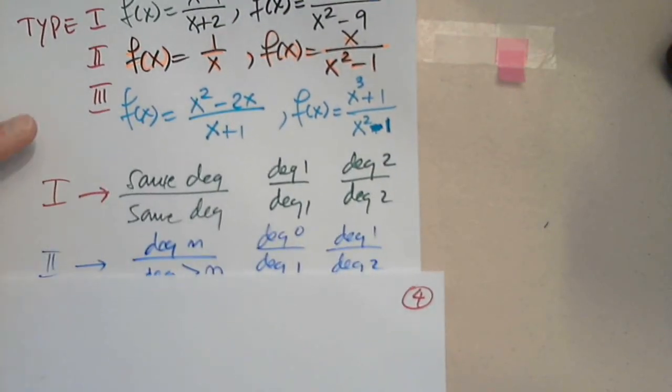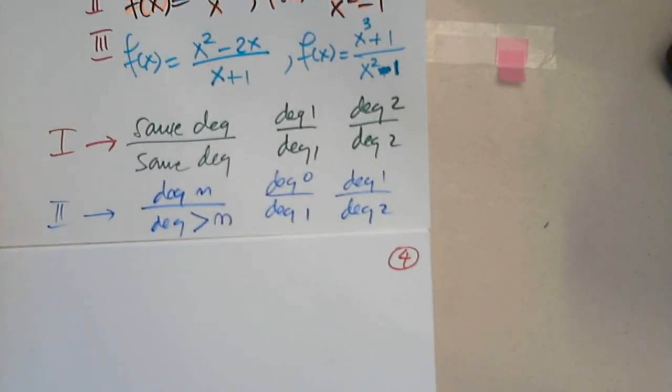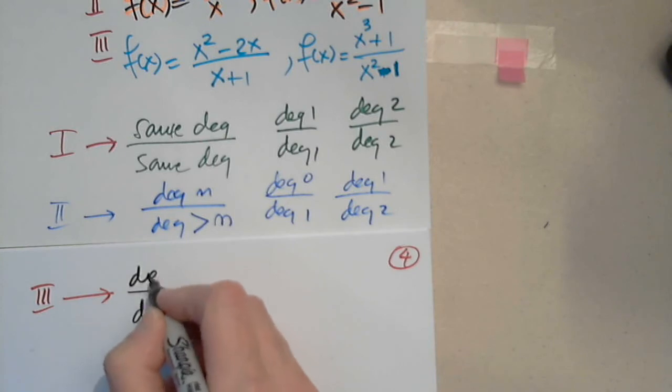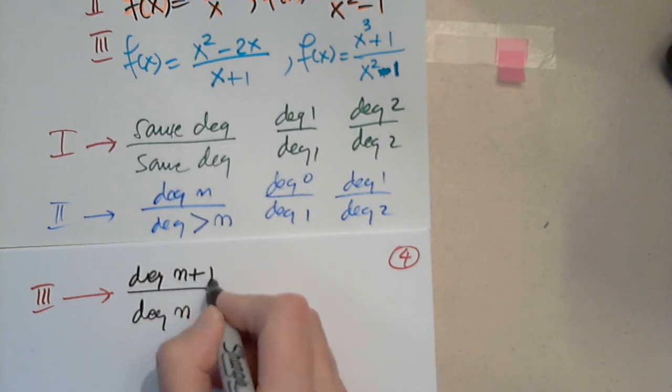Okay, so what do you think about the third one? What would you say? The degree in the numerator is higher than the denominator? Exactly by 1 unit. So the denominator has degree n, the numerator has degree n plus 1.